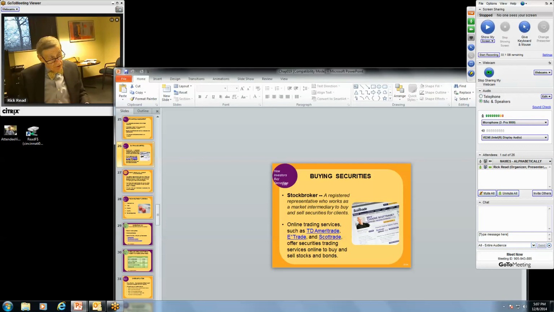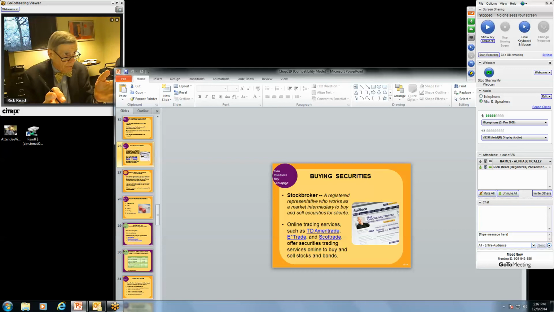If you're going to buy securities, you should go through a registered stockbroker. That person is a representative of a company that has a seat on a stock exchange. You want to be able to go through somebody who's registered to do that, and make sure that if you're going to do that, that person is registered.